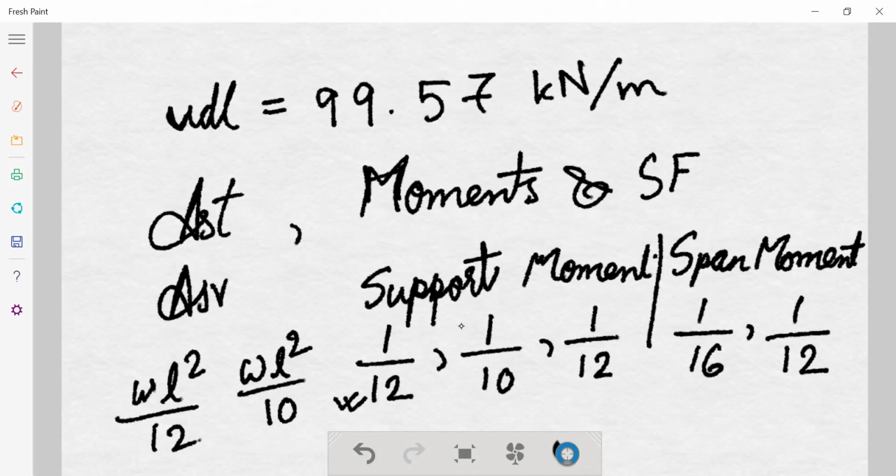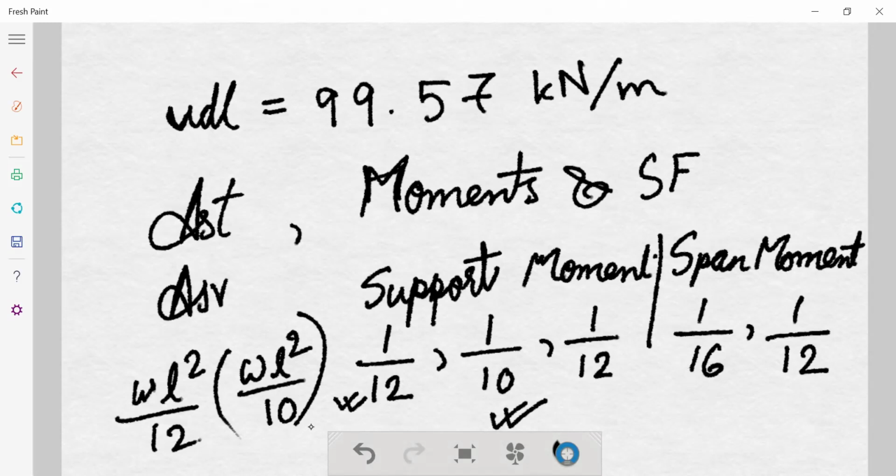So out of these support moments and span moments in the continuous structure, the highest moment will happen when the coefficient is 1 by 10, because 1 by 10 is the highest one. WL square by 10 will give the highest value compared to WL square by 12 and WL square by 16, right?